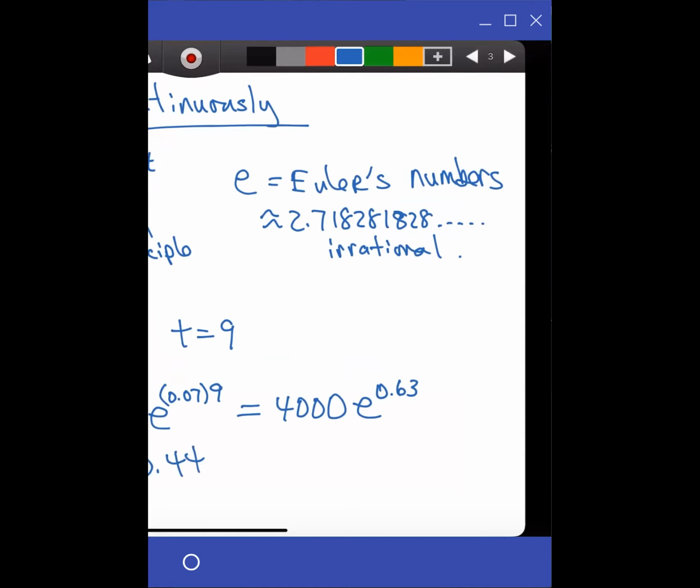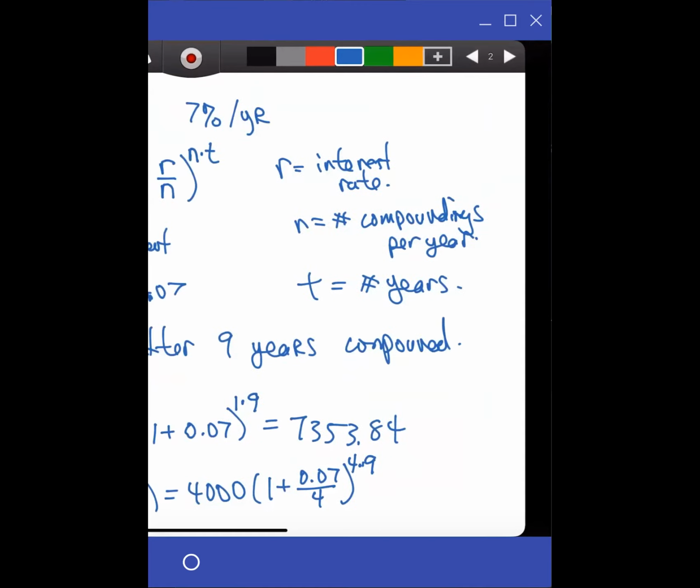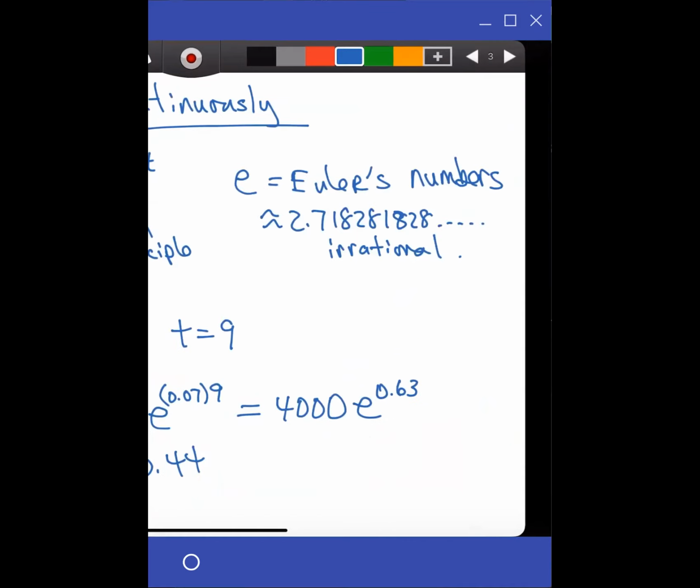So compare that to what we had when we were compounding quarterly, which was 7,573.84. We don't get that much more. So the other times when we're compounding monthly or daily, they're not going to give us that much more, even though it feels like they would.